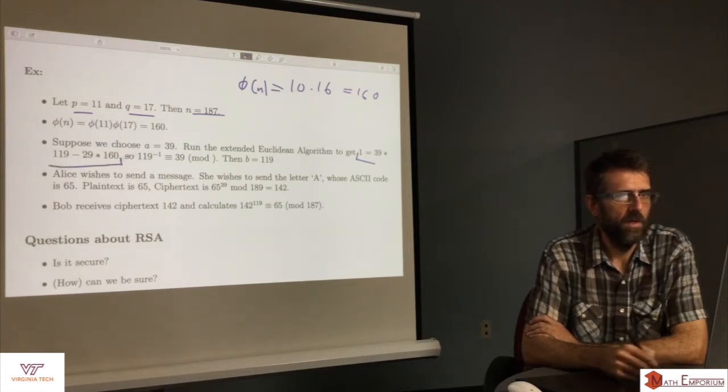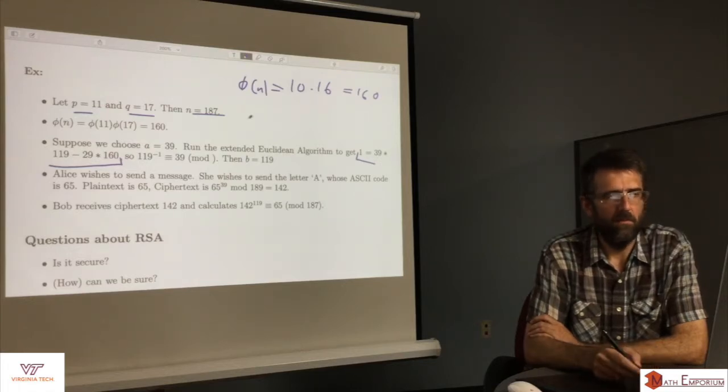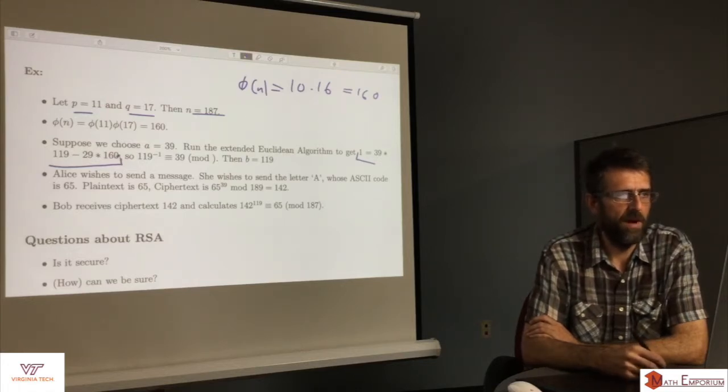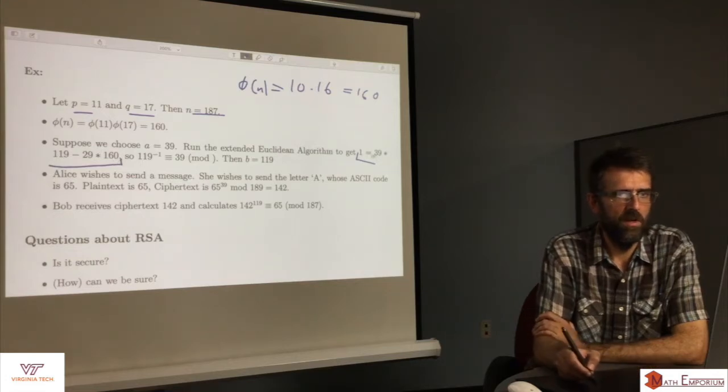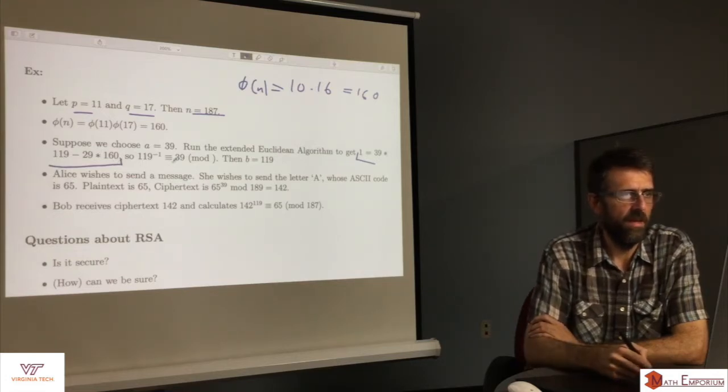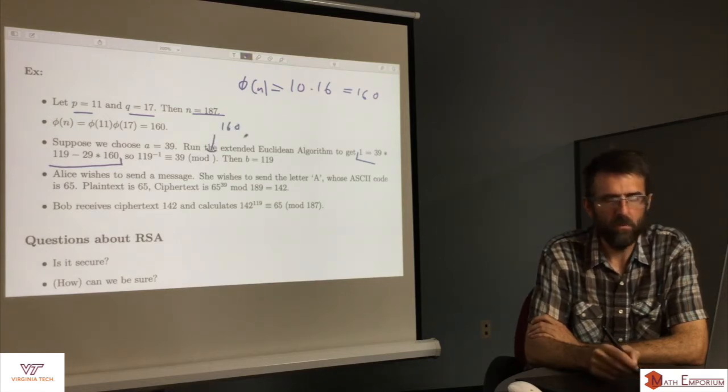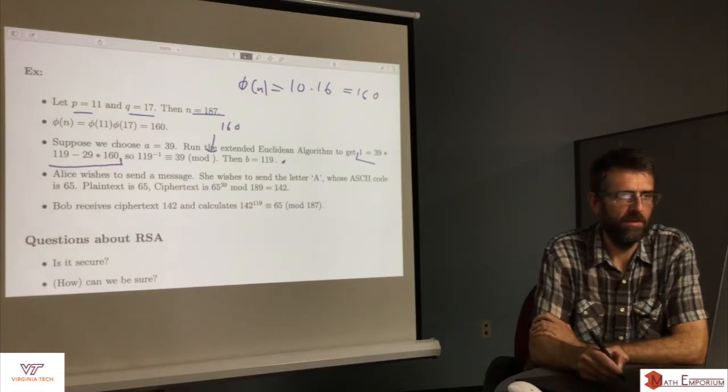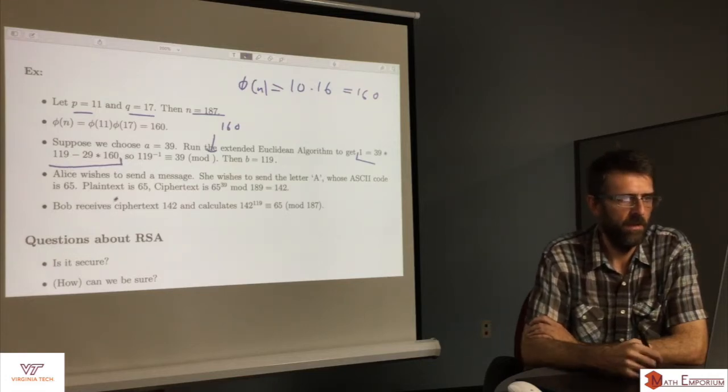Okay, and so it turns out that 39 times 119 minus a product of some integer and my modulus gives me 1. So I can see then that the inverse of 39 mod 160 is 119. Okay, so I should take my decryption exponent to be 119.